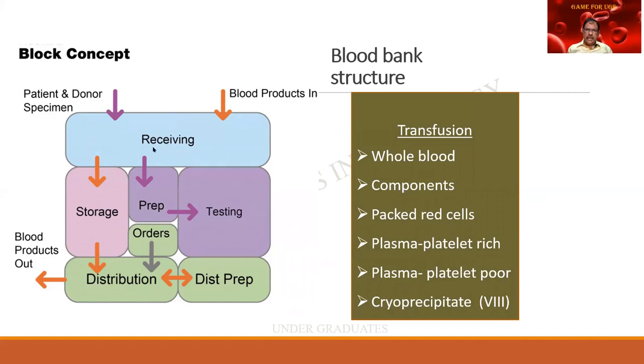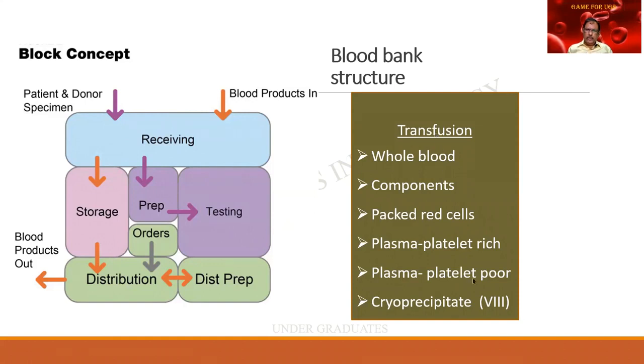After the reception of the donor, the segregation, the preparation of the various samples, doing the screen testing, and finally obtaining the orders from the donors or the ward or the theater, there is a distribution going on. In the meantime, there is a storage space at the recommended temperature for all the various samples.